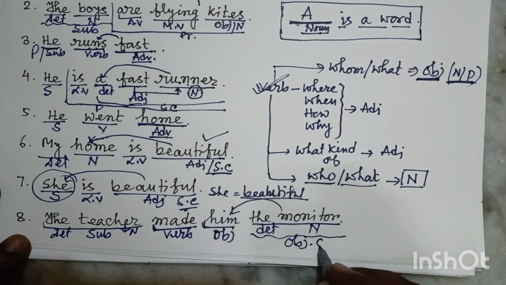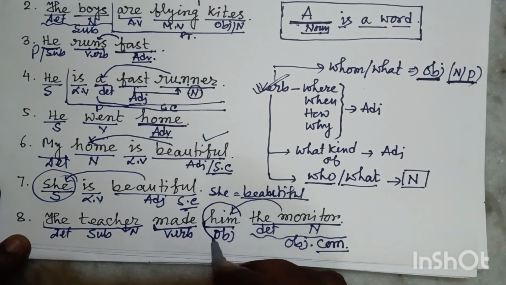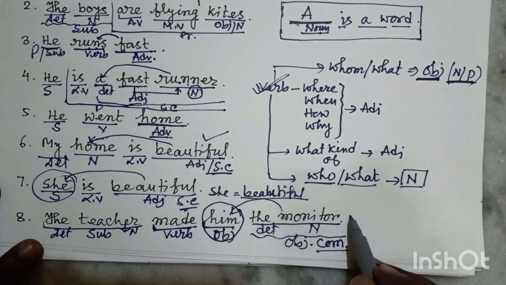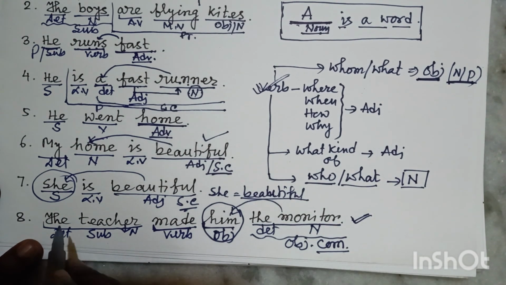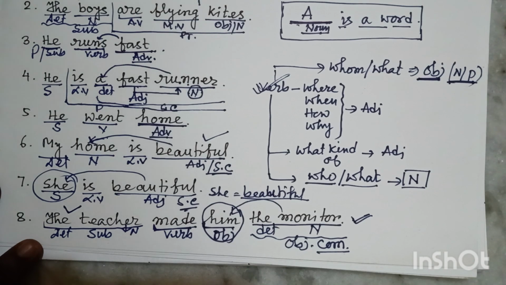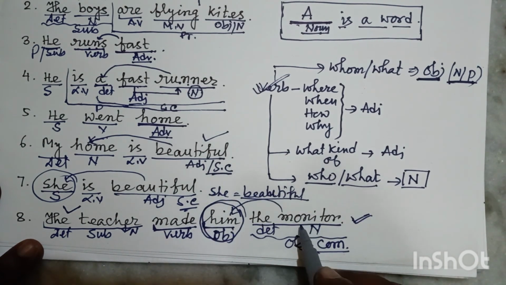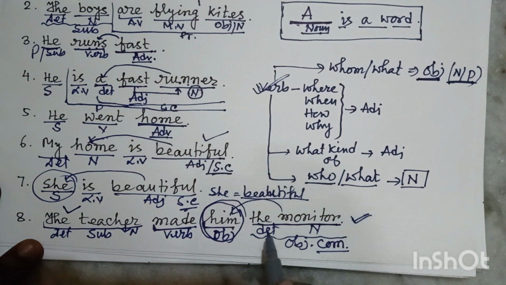It is not subject complement, it is object complement. Actually this person is the monitor. If it were the subject complement, then the monitor and this teacher would be the same person. But here this object and this monitor are the same person. So it is object complement.